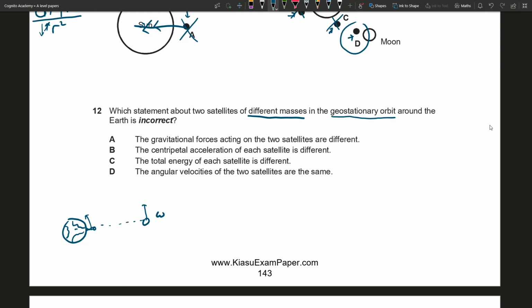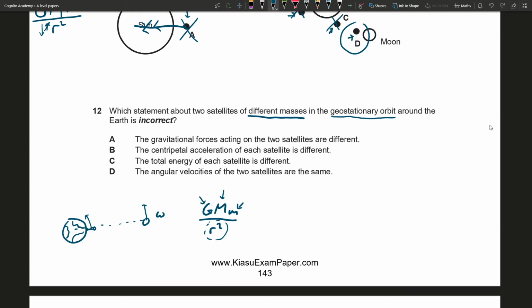Option A: the gravitational forces acting on the two satellites are different. The gravitational force on the satellites is G big M m over r squared. The r squared is the same because they are at the same height in geostationary orbit. Big M, the mass of the Earth, is the same, and G is a constant.